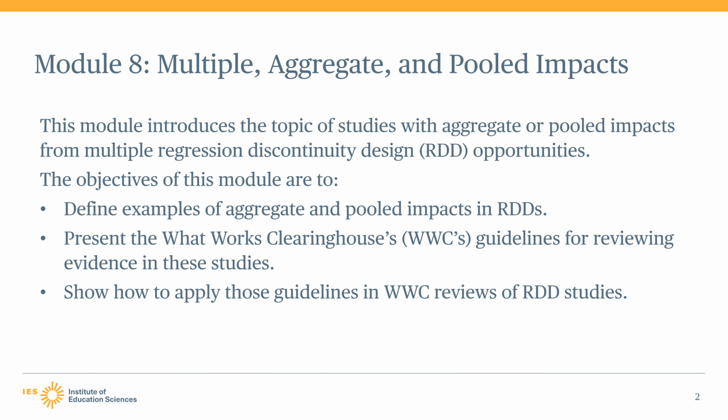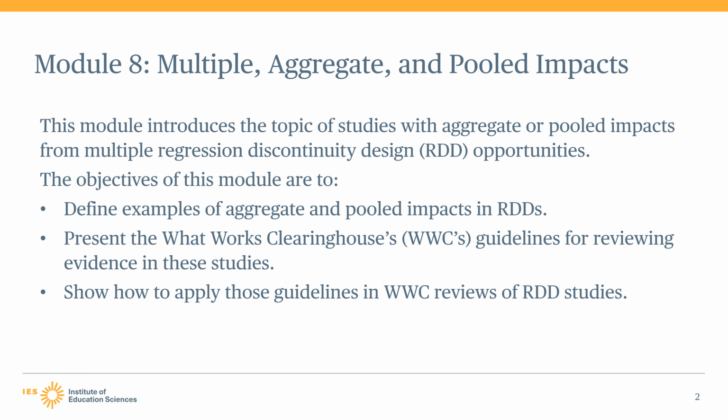Now, studies for which attrition cannot be calculated, however, simply cannot meet the attrition standard. And then finally, for both pooled and aggregate impacts, it's important to note that any sample units excluded from the impact for endogenous reasons cannot be excluded from the attrition calculation.